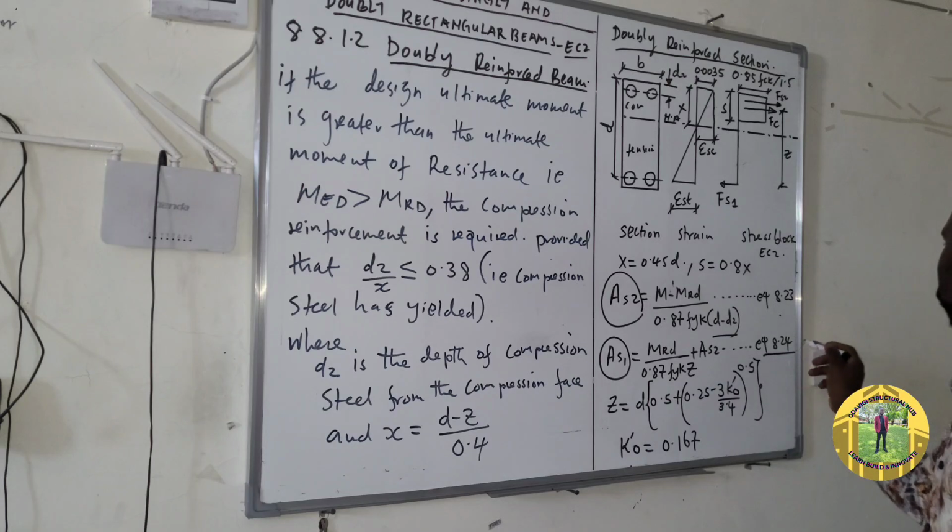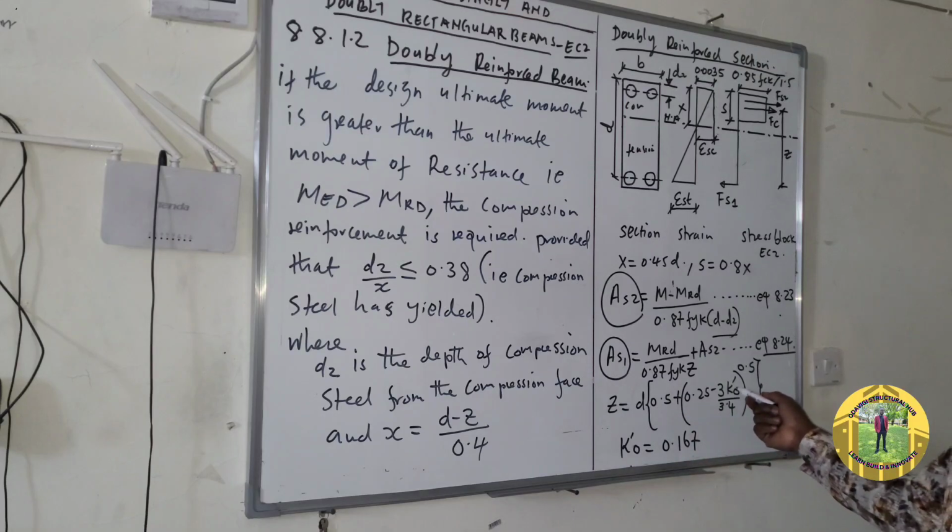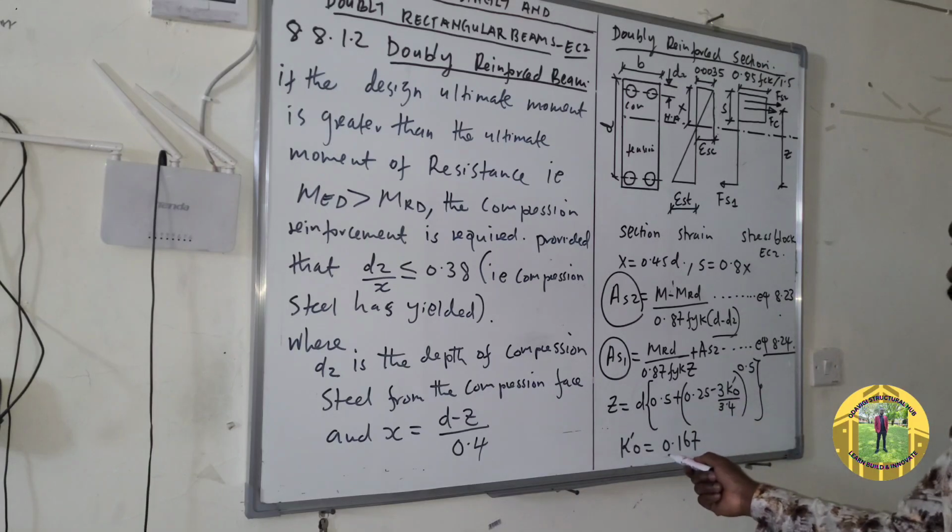This is equation 8.24. Z is given by this formula, whereby K naught is equal to 0.167. So this is all about a doubly reinforced beam.